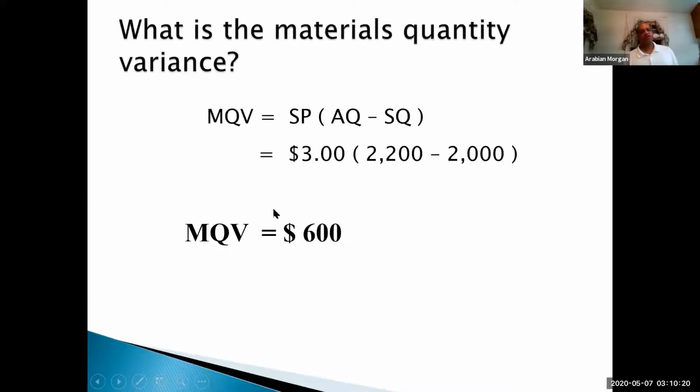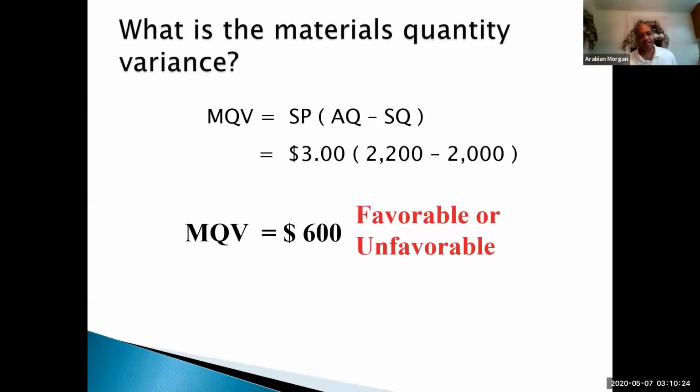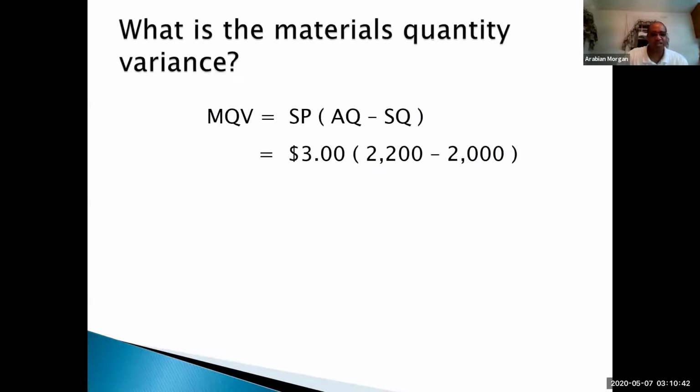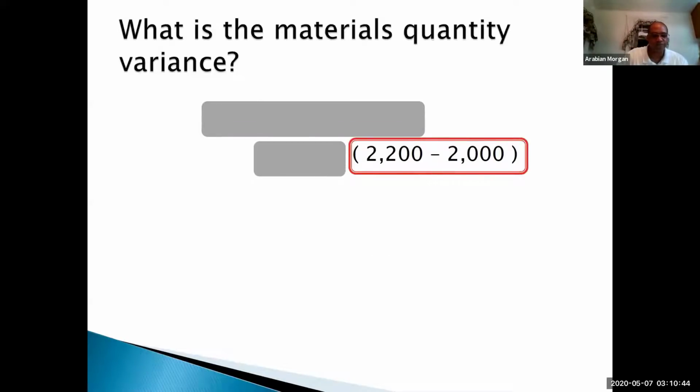All right. So we then need to figure out, is this variance favorable or unfavorable? That's the important thing here. To do this, we're going to focus on just what's inside of the parentheses, which is the actual quantity and the standard quantity. The actual quantity is 2,200 pounds of material and the standard quantity is 2,000.